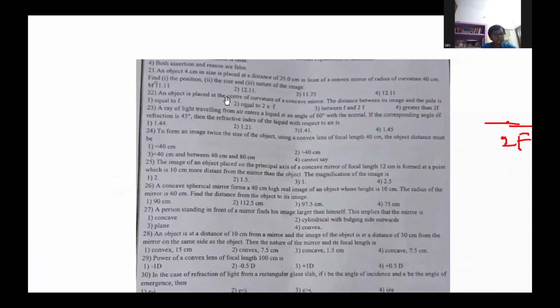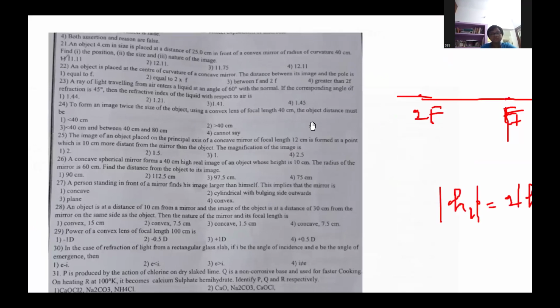If you place an object to form an image twice the size of the object, it means HI is twice the size of the object, in magnitude.